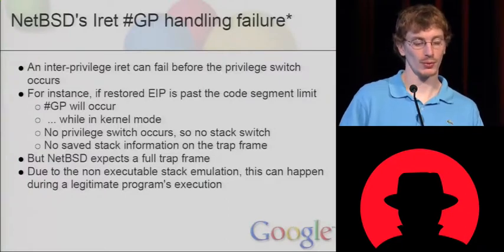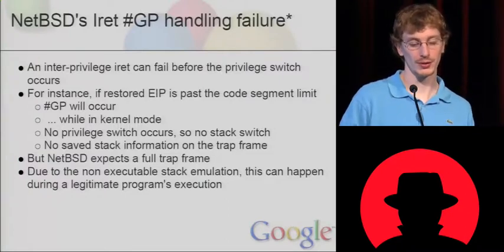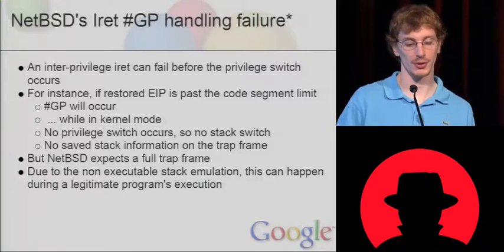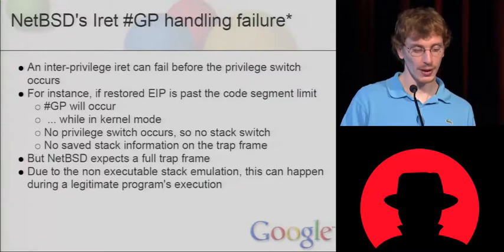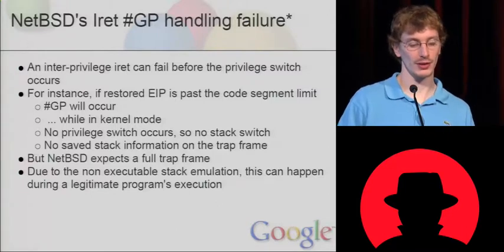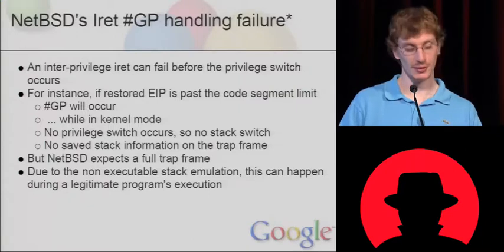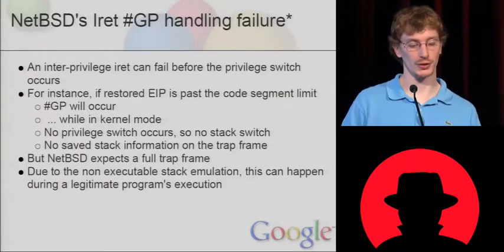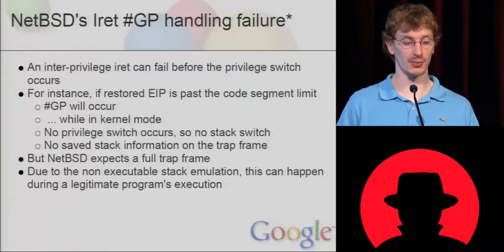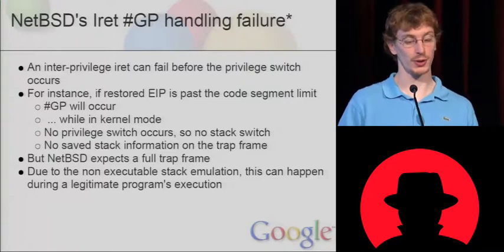We called this the commit point where the privilege switch occurs. So we said IRET can fail pre-commit. For instance, if the restored EIP is past the code segment limit, a general protection fault will occur while in kernel mode. So no privilege switch will occur.